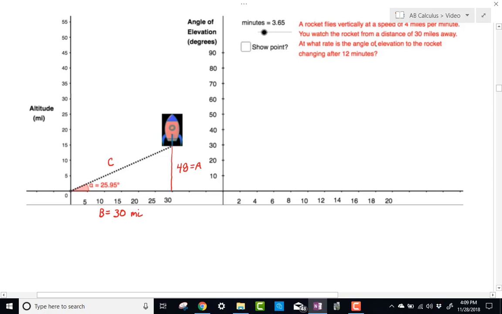And our speed, the rate at which the rocket's going, dA/dt, is equal to 4 miles per minute. So there are our units. The question asks at what rate the angle of elevation is changing after 12 minutes. The 12 minutes affects the A value, so we don't need to worry about it once we know A is 48.